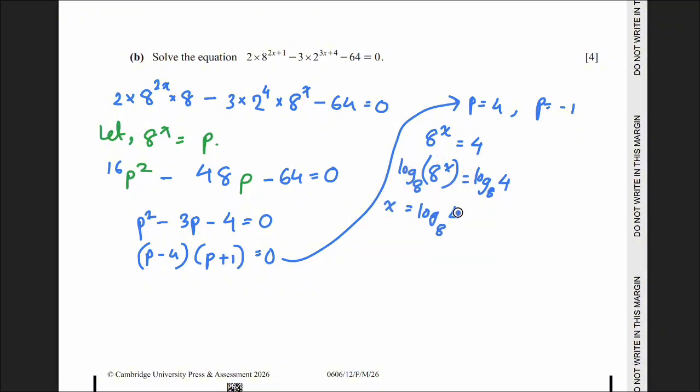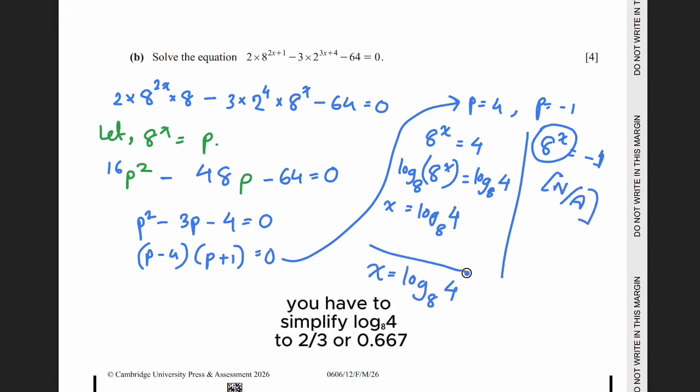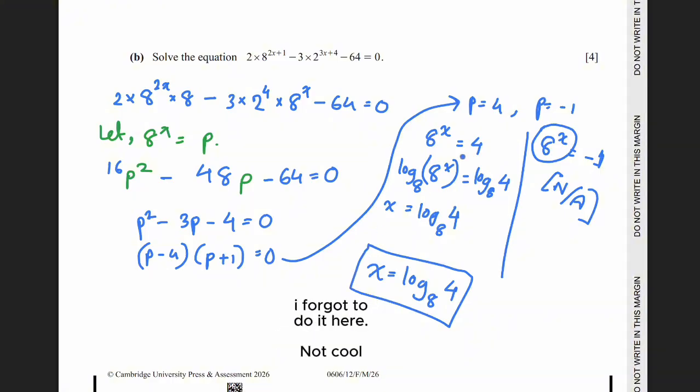So log 8 of 4, that is one answer. And 8 to the x can never be minus 1. Why? Because the result of an exponential can never be negative. That is just the rule. Okay, so that is our final answer.